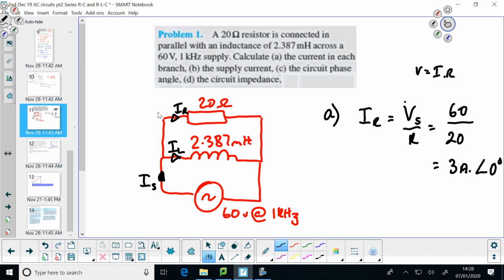Now, how do we calculate the current IL?